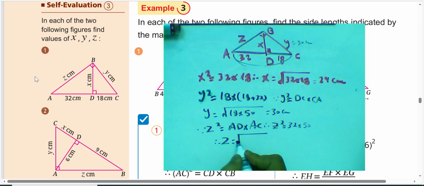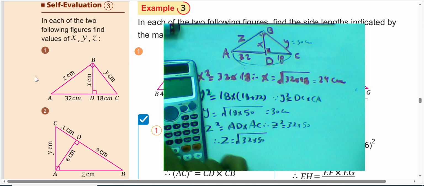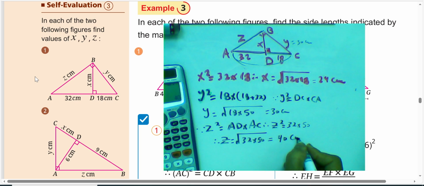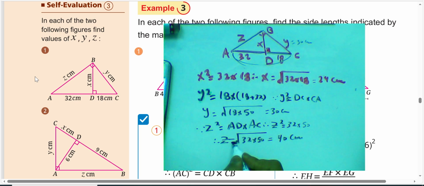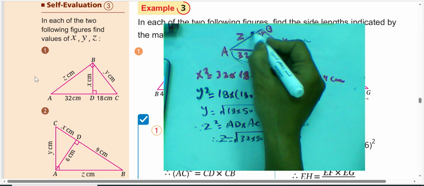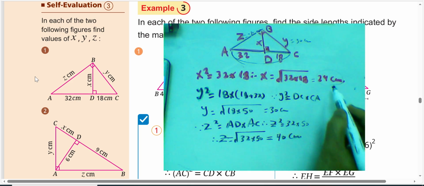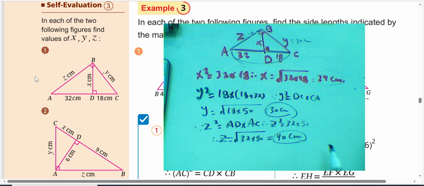Then z equals square root of 32 times 50. The result will be 40 centimeter. Then z equal 40 centimeter. We have 30 and 40 and we get x 24. X and y, z, okay?